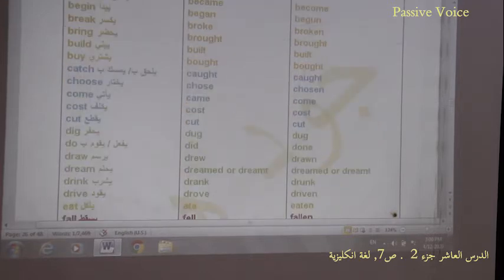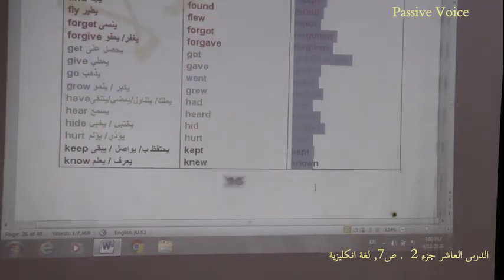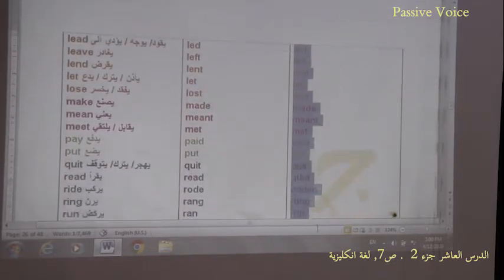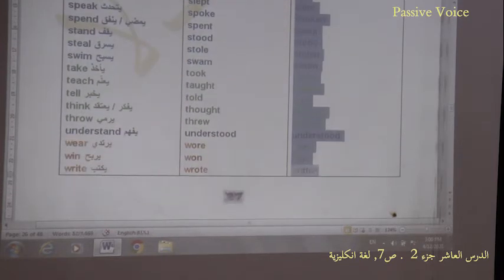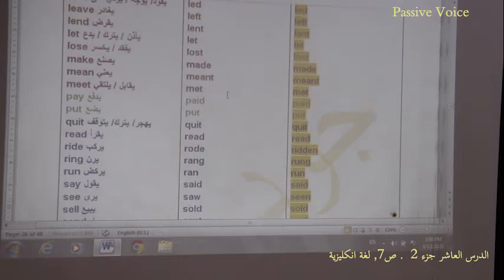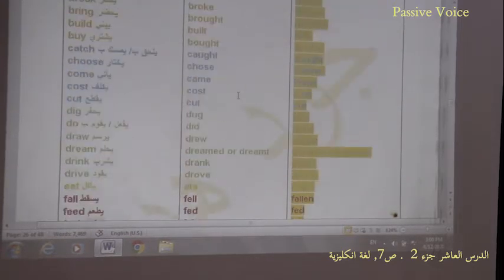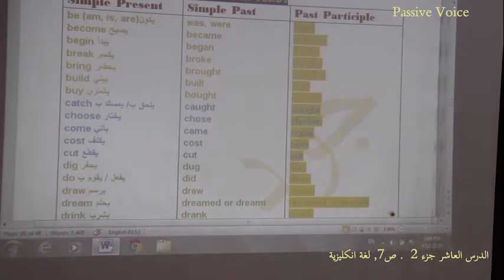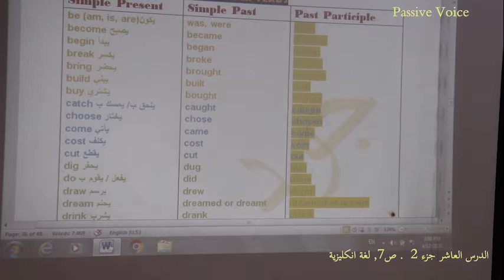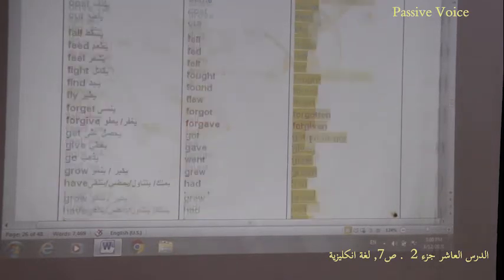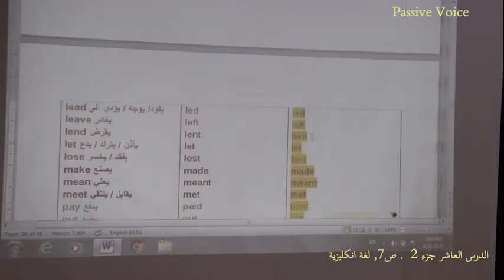Pay attention, dear students: we always need this form of the irregular verb when we make the passive. In order to memorize them, I'll send you the song of irregular verbs. For example: been, become, began, broken, brought, built, bought, caught, chosen, come, cost, etc. You need to learn these forms of verbs by heart.